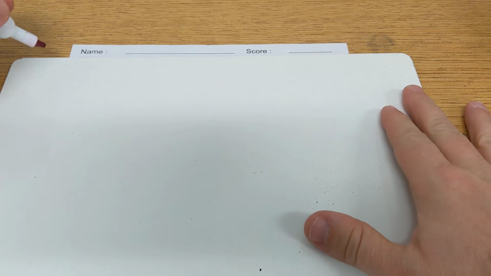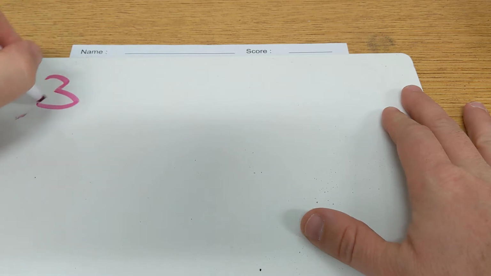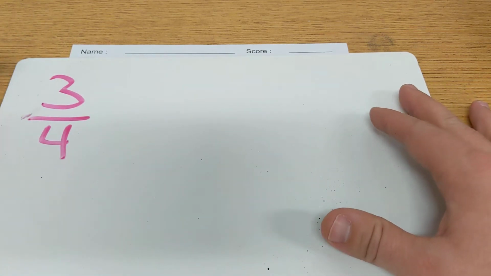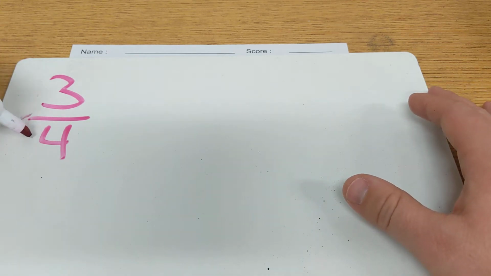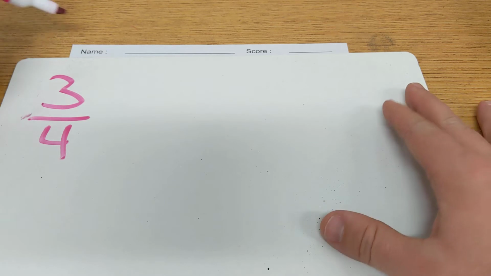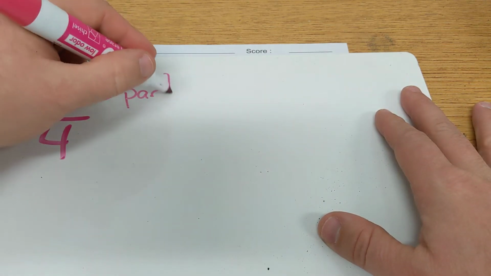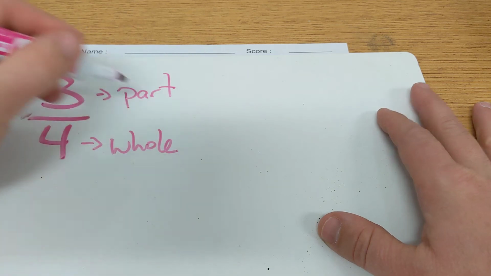When we're talking about a fraction, we're talking about a part out of a whole, okay? So 3/4, your top number is your part. Your bottom number is the whole.